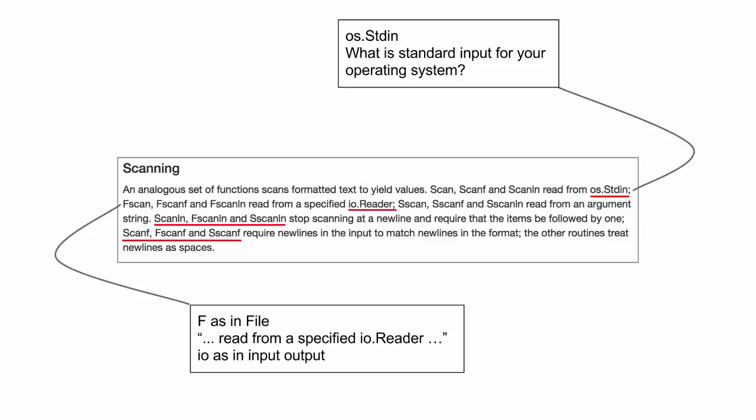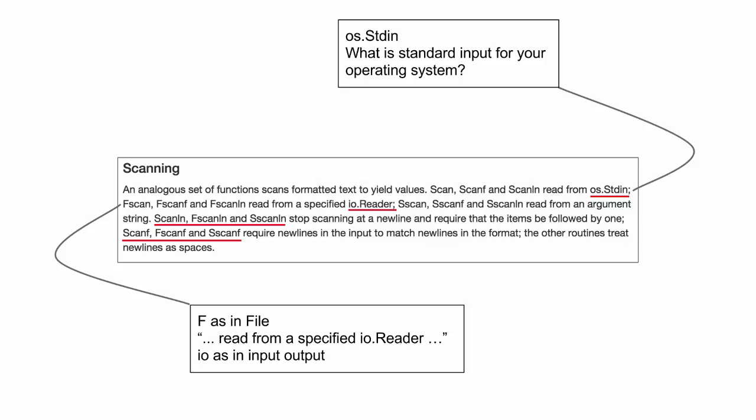Scanning has an analogous set of functions, which scan formatted text to yield values. Scan reads from os.Stdin, and Fscan, Fscanf, and Fscanln read from a specified io.Reader. I think about that as file scan. Would that be correct, Daniel? Fscan, Fscanf, Fscanln. Yeah, pretty much. From an io.Reader.